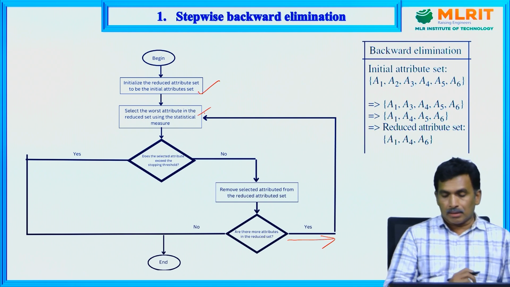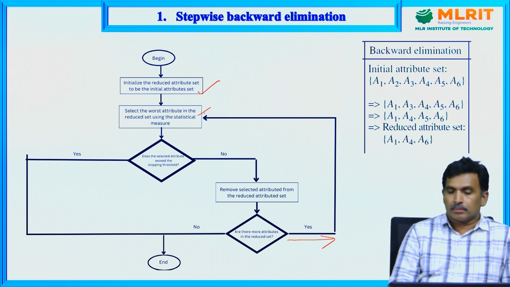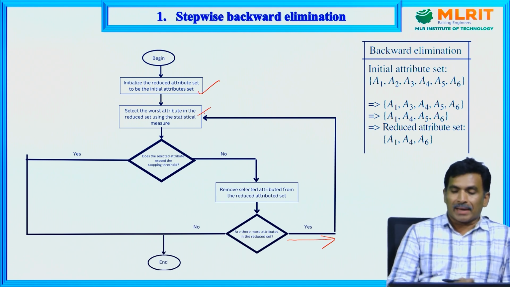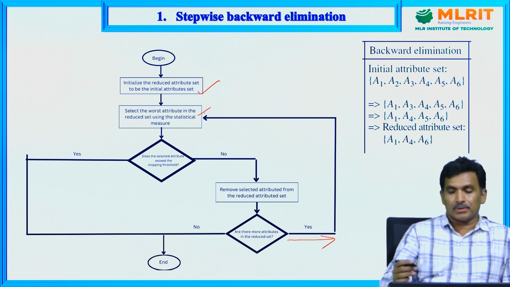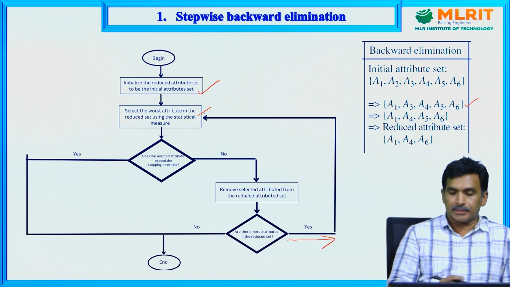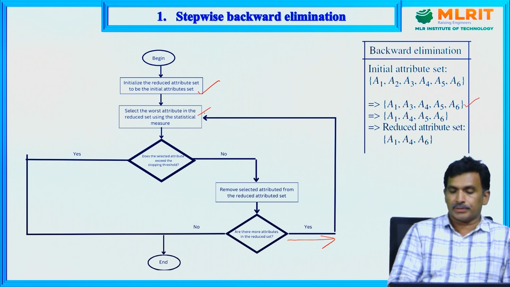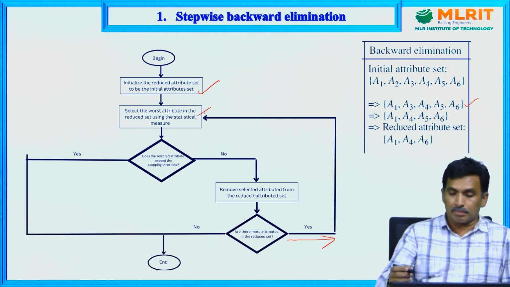And another example, again with the same initial attribute set. In this backward elimination, initially it would consider the entire set as the reduced attribute set. So this is the entire set as it is in the initial attribute set. Then the worst attribute in this set is identified by using the statistical measure.